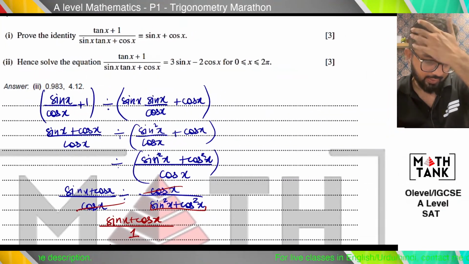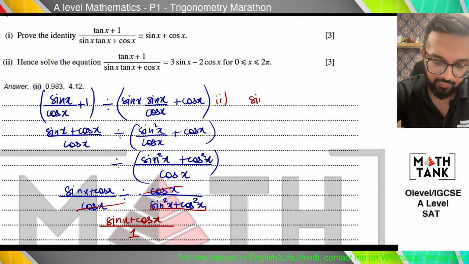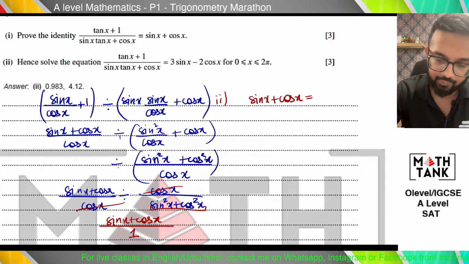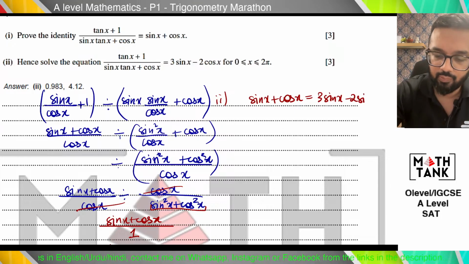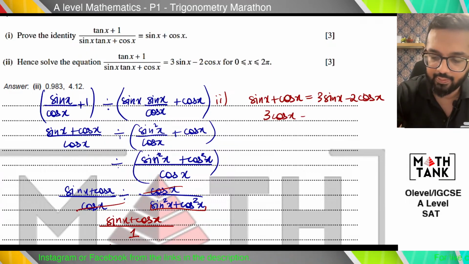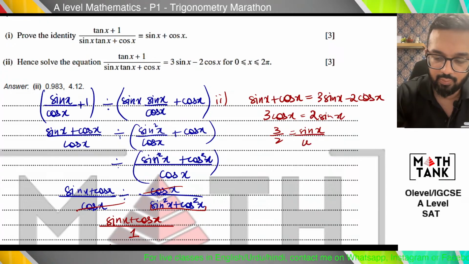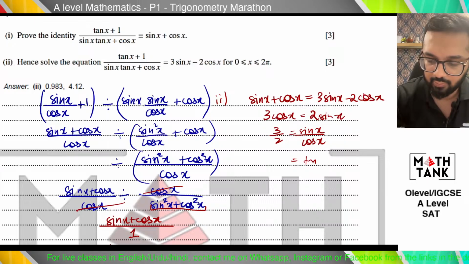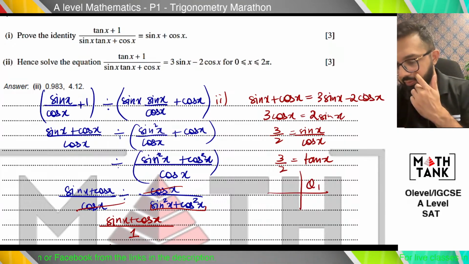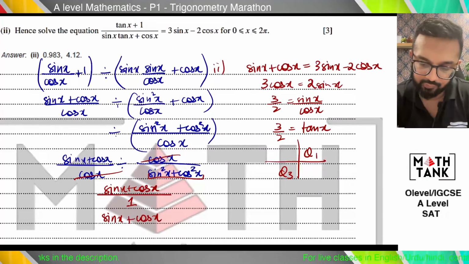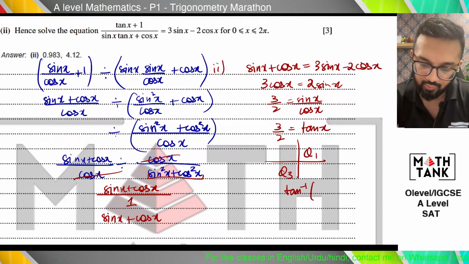Okay, then it says hence solve the equation. I'm going to replace whatever I have right now. Marking my quadrants now. Over 2.